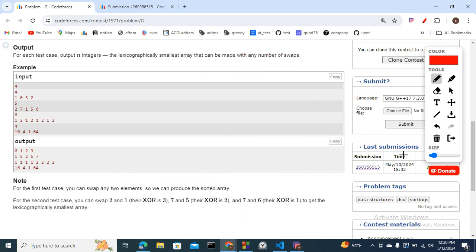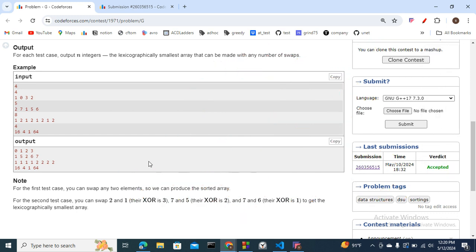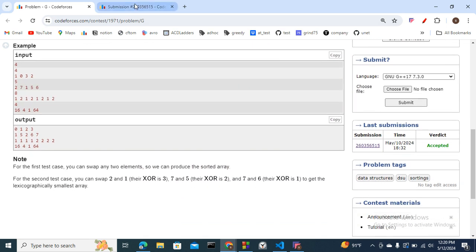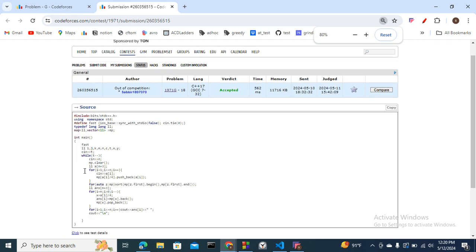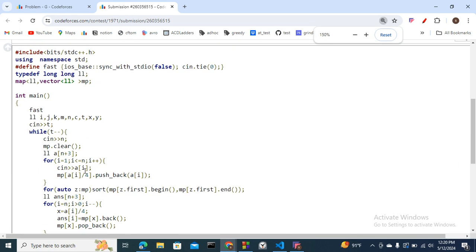Now if we see the code portion: first of all, the test case count is given, then n is given, which is the size of the array, then the elements of the array are given.